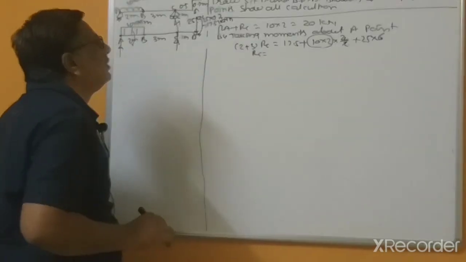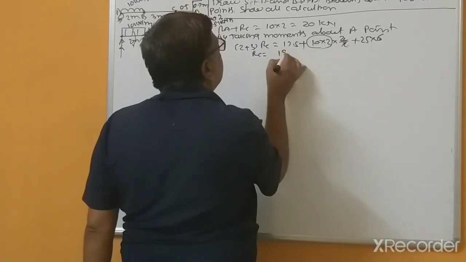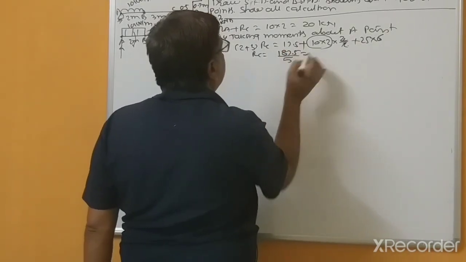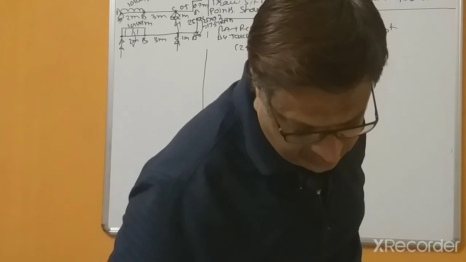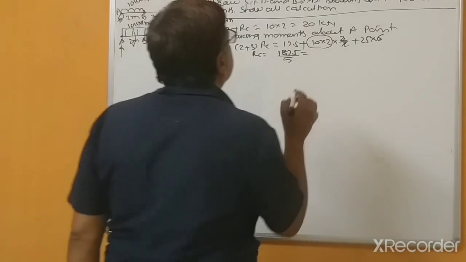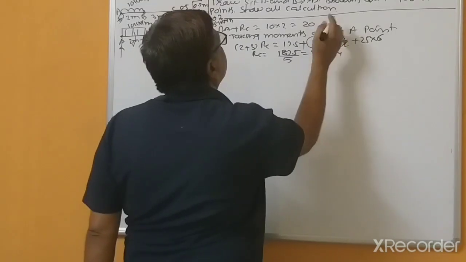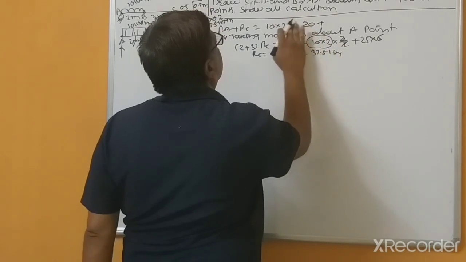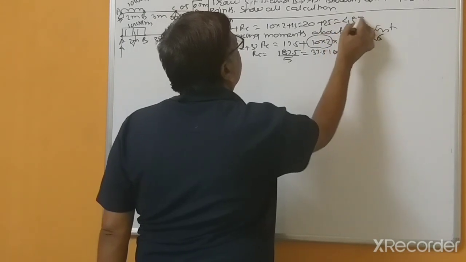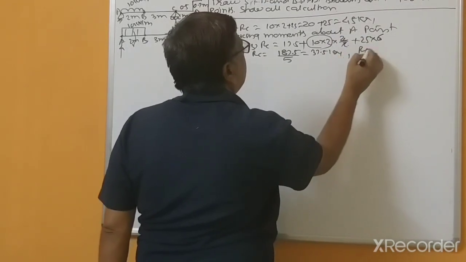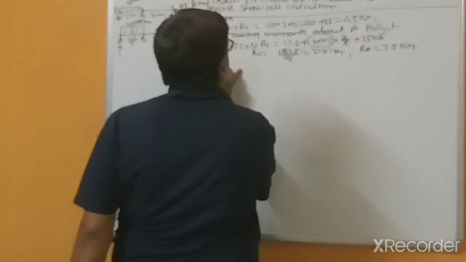So 187.5 divided by 5, RC equals 37.5 kilonewton, here plus this 25 equals 45 kilonewton. So RA equals 7.5 kilonewton.